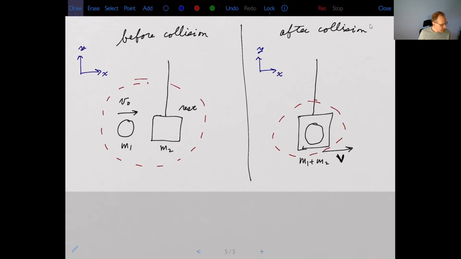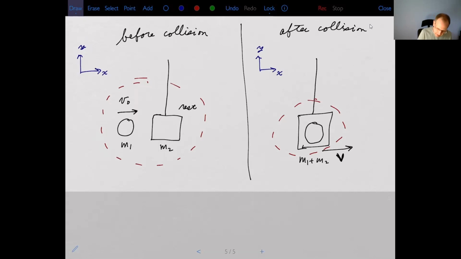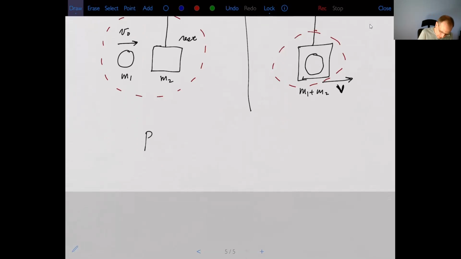Okay, so we know, again, I explained earlier that there's no net external forces acting on that system during the collision. They're all internal forces. So therefore, momentum, at least in the x direction, and we only care about the x direction in this case, should be conserved. So what I can do is calculate P total, the momentum of the system, initial in the x direction, and then P total final, final meaning right after the collision in the x direction.